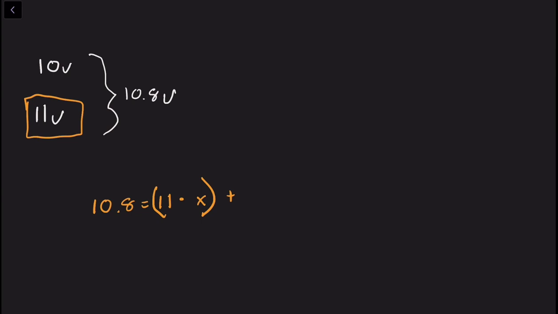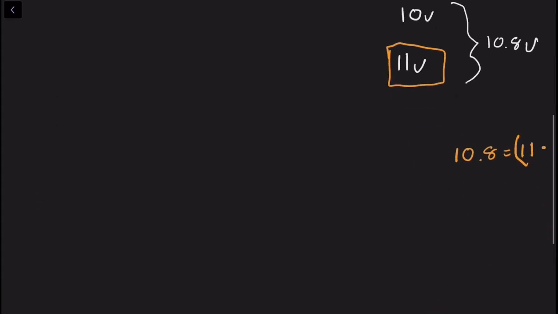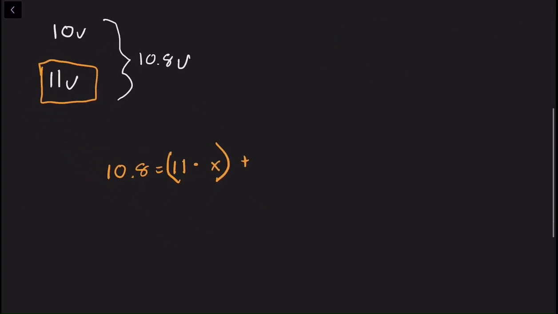Well, if our total is going to be 100%, since it tells us there's only two isotopes total, 10 and 11, whatever percentage x is, the rest has to be 1 minus x if our total is out of 1. So we can write it as 10 times 1 minus x.